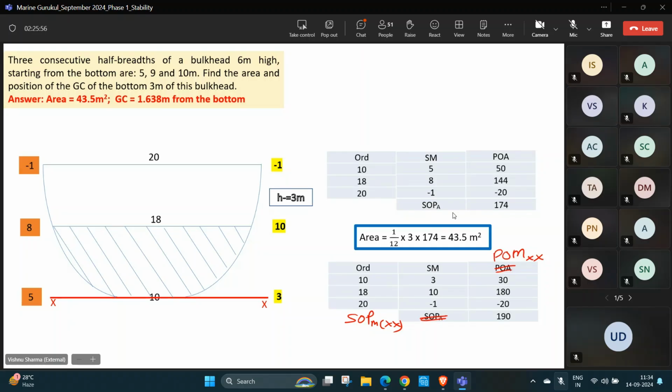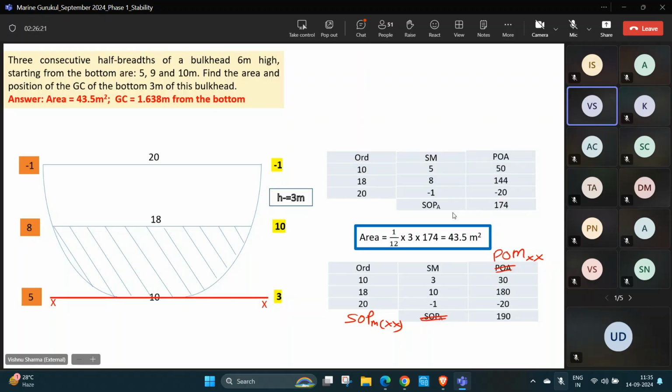Don't hold it. Meter cube. Absolutely correct. Area is meter square, lever will be meter. So the unit of moment of area will be meter cube. Exactly the same way, the unit of moment of volume will be meter 4, because volume is meter cube and lever will be meter.